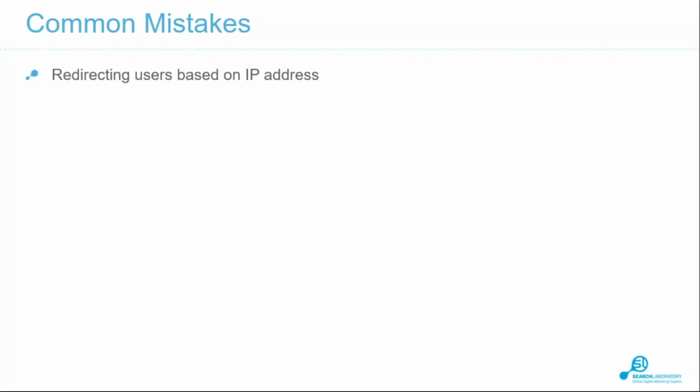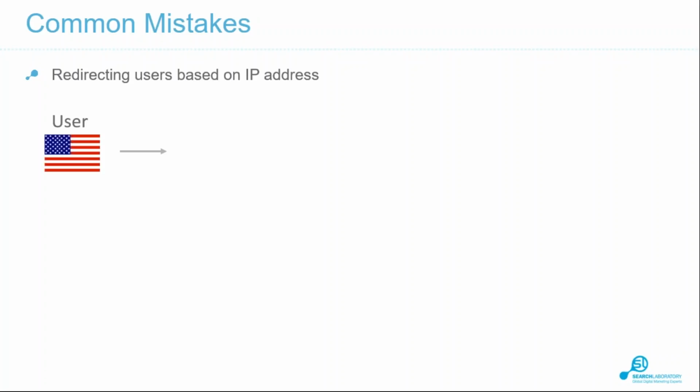Redirecting users based on IP address is probably one of the most common issues that we find that sits away from hreflang really. It's typically seen as very good from a usability point of view because it ensures that users will find the content that's relevant to them. However, there are instances where this would be an issue and wouldn't actually be relevant for the user.